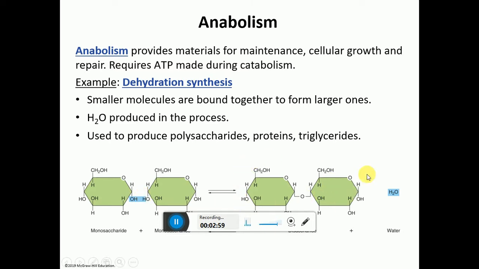In order to synthesize a bigger disaccharide, so di means two sugar molecules, you've made this bigger molecule made out of these two, and that is known as dehydration synthesis. So synthesis means to make something, dehydration means to remove the water, and that's what you did in this chemical reaction. You removed the water, so you made that bigger molecule plus water is released.